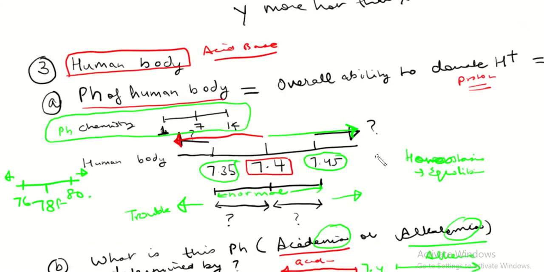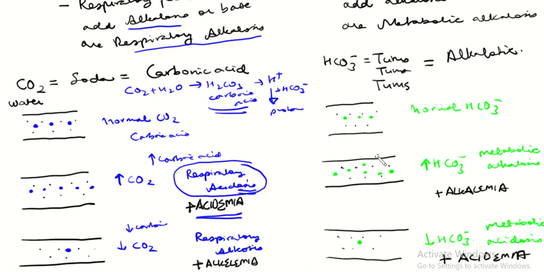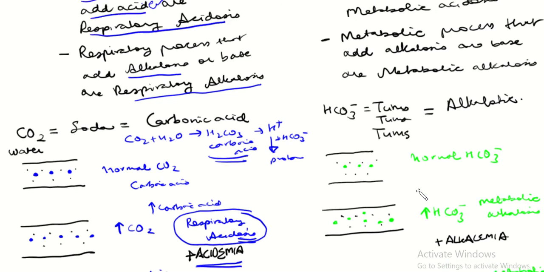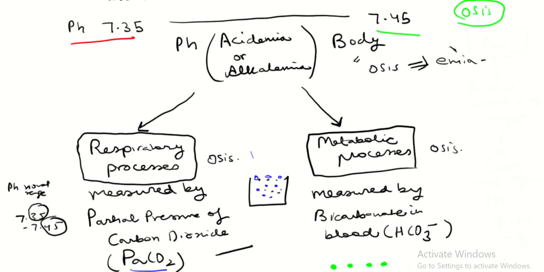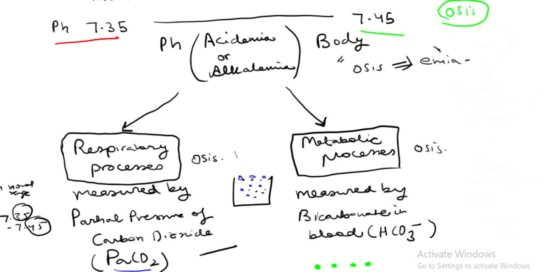That's the application of this. So more CO2, more acid, respiratory acidosis contributes to the body's acidemia. Less CO2 means less carbonic acid means respiratory alkalosis, which contributes to alkalemia. Okay, with me so far? Perfect. Let's do the metabolic side.